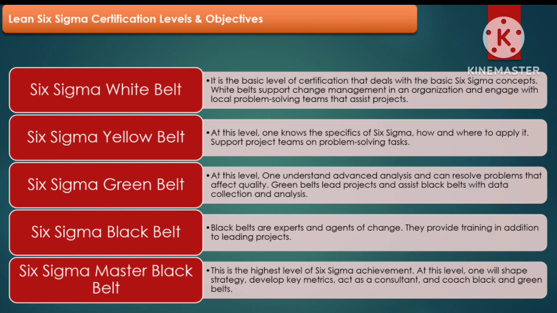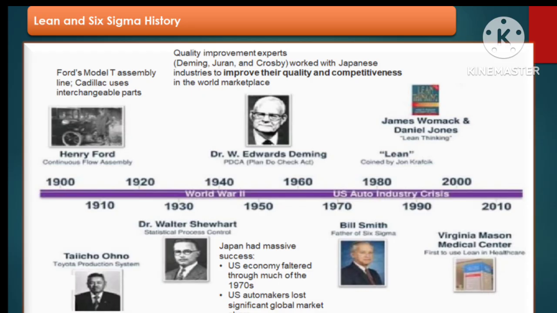So let's move ahead with Lean Six Sigma and its history. It all started back in 1900 with the improvement in the Ford assembly line, and then the Toyota production system is a very classic example of process improvement and continuous improvement.